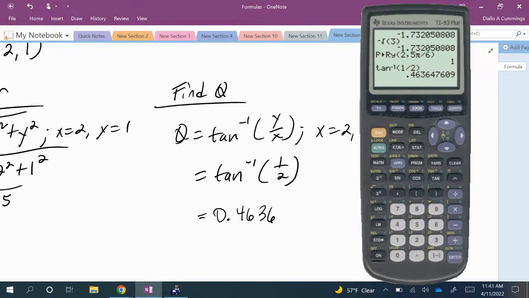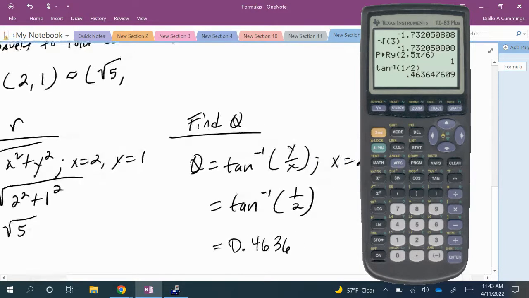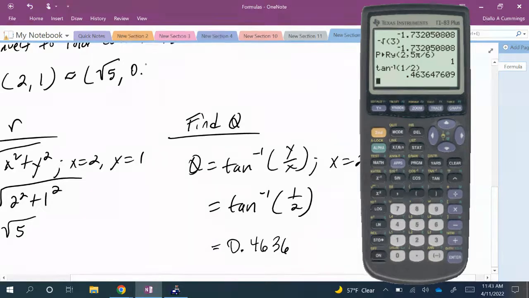All right, so we have converted the point (2, 1) to polar form as (square root of 5, 0.4636).